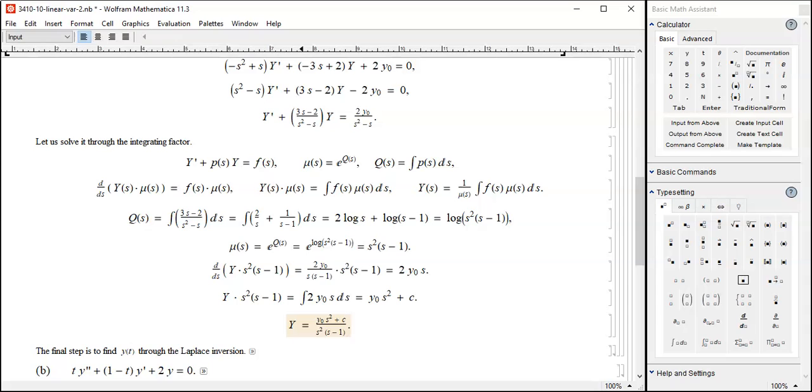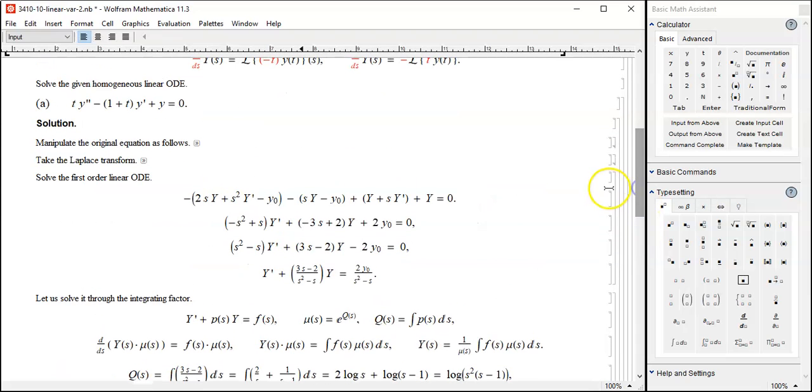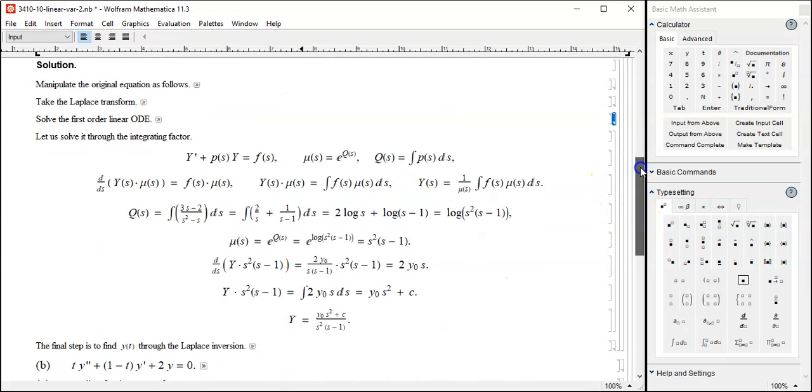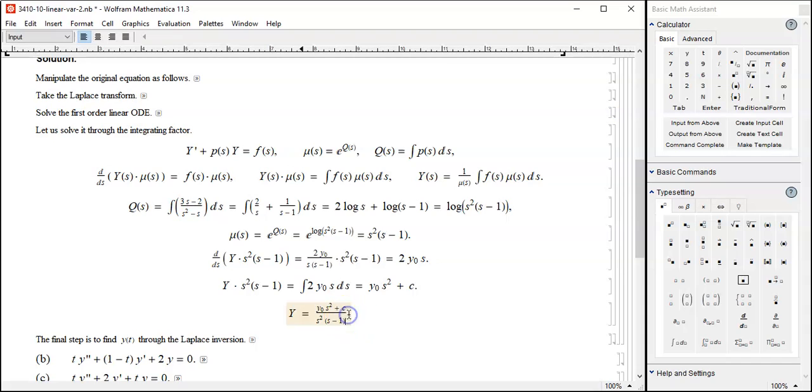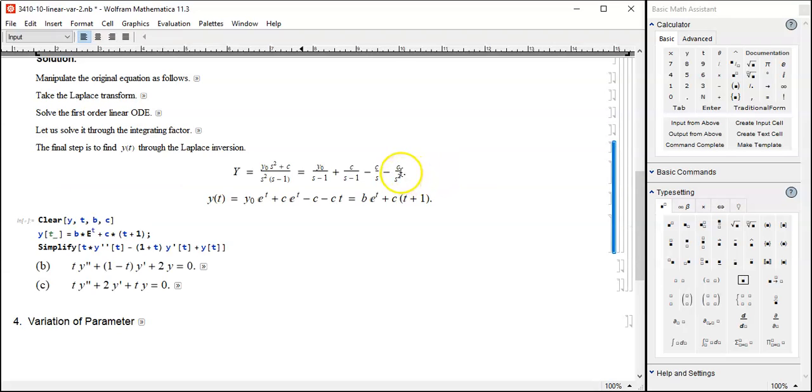It's the final solution of the first order linear ODE, but it's not the final solution of the problem, because what we want is small y of t. This is capital Y. Capital Y is the Laplace transform of small y, so we have to take the Laplace inversion. How do I do that? For that purpose, I have to decompose it by partial fraction and then take the Laplace inversion, and here we go.